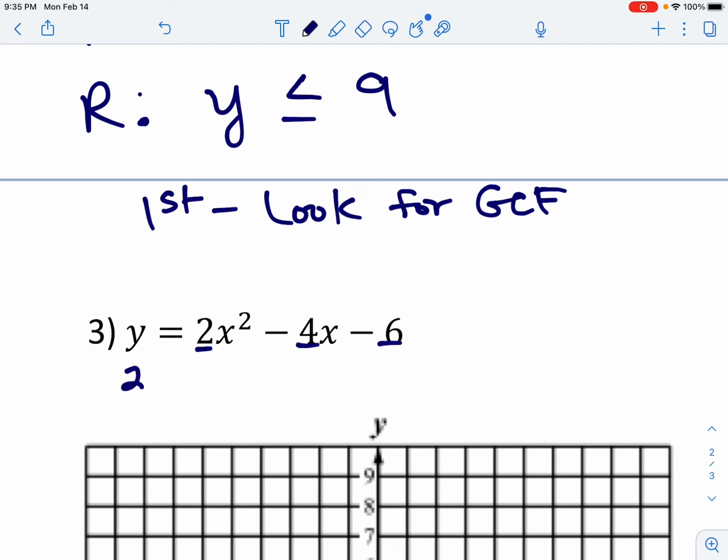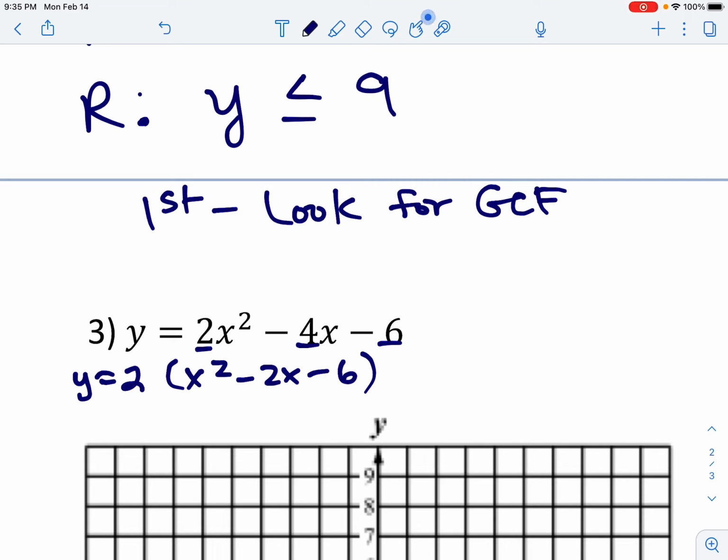So if I take a 2 out, I'm going to get y equals 2 times the quantity x squared minus 2x minus 6. And this is the part you really want to pay attention to. If you come back and tell me you didn't understand, it's because you did not work through these and you didn't try to understand them. This is everything that we've already done. It's just putting it all together as one.